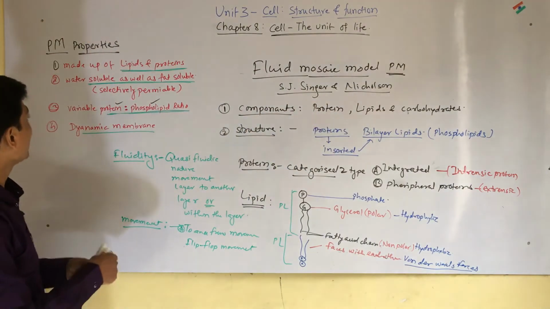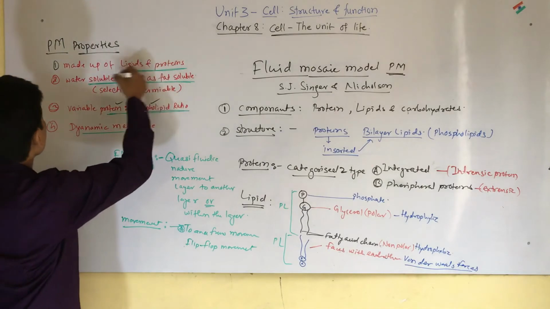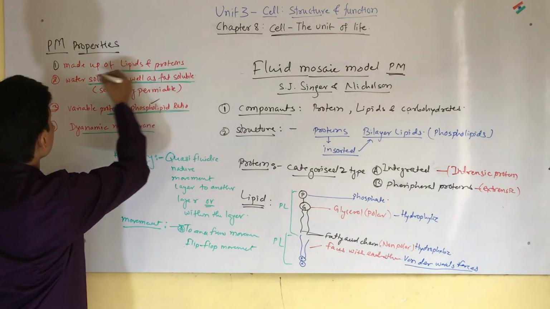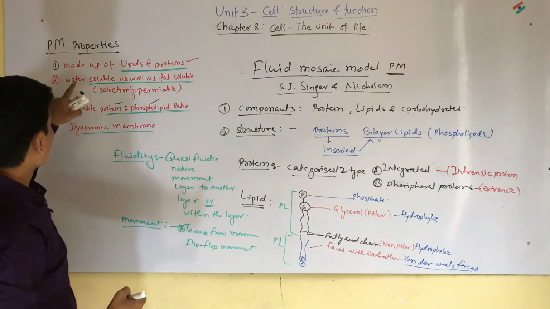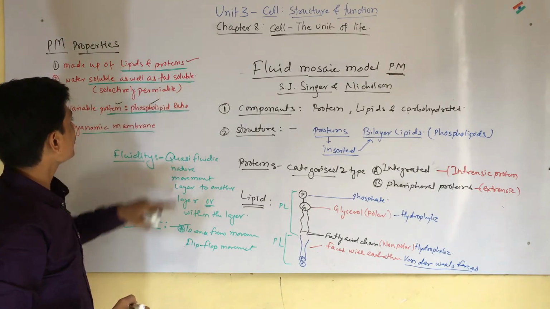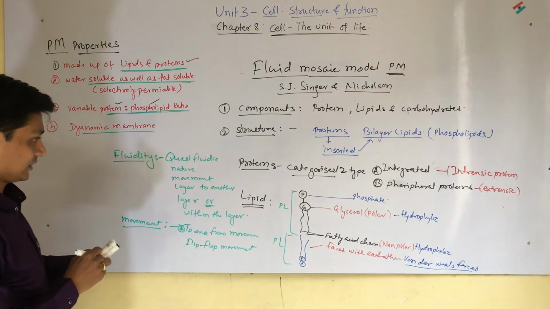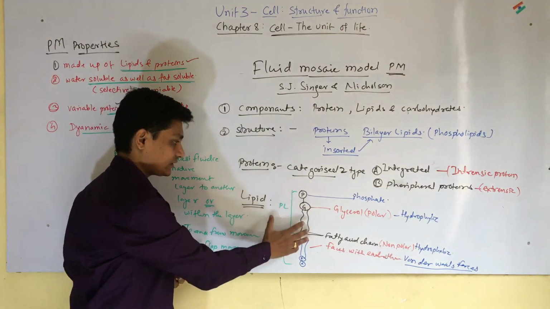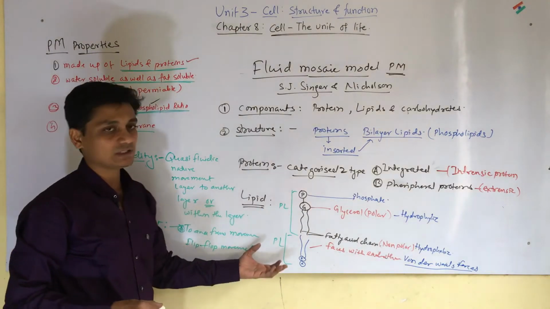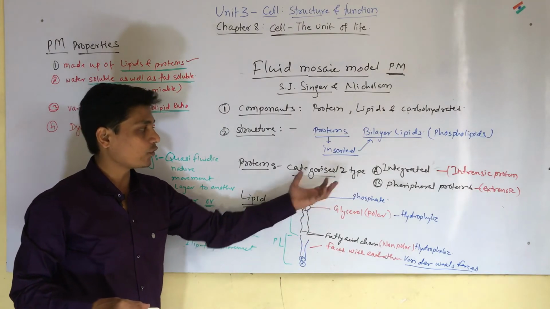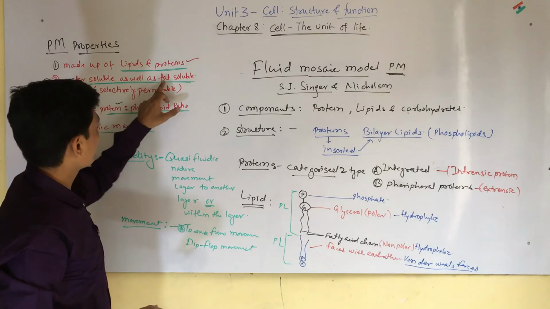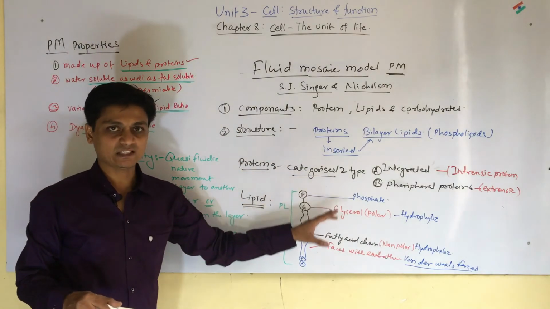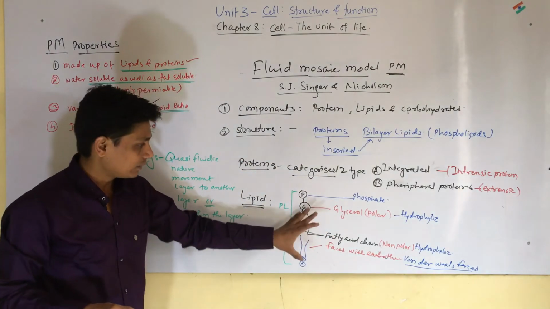So the first plasma membrane property is obeyed by the fluid mosaic model. The second, water soluble as well as fat soluble nature: from this structure, up to this knowledge, we could not explain whether water soluble or fat soluble material is passing through it or not.